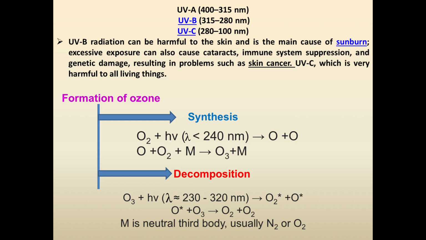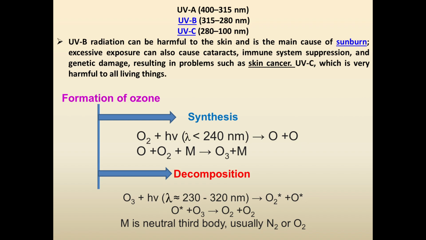During synthesis, at the upper part of the atmosphere in the stratospheric zone, photodissociation of diatomic oxygen takes place at a wavelength of less than 240 nanometer, and it is dissociated into two atomic oxygens. Then one atomic oxygen again combines with one diatomic oxygen along with a third body, to form an O3 molecule plus the third body.